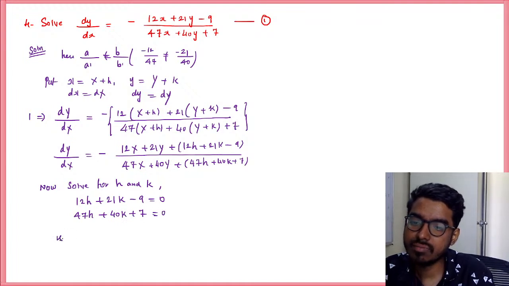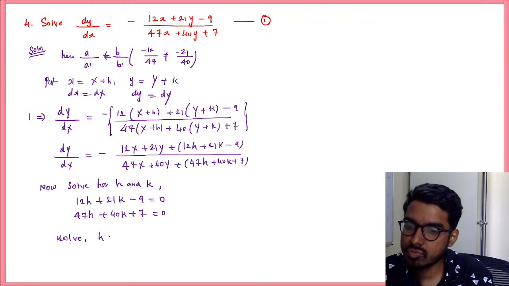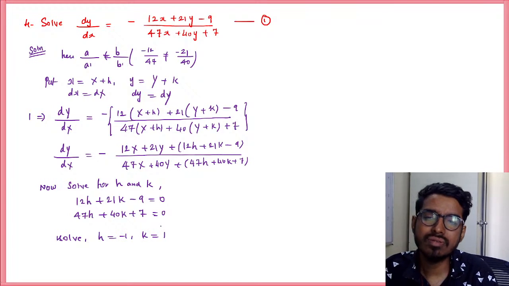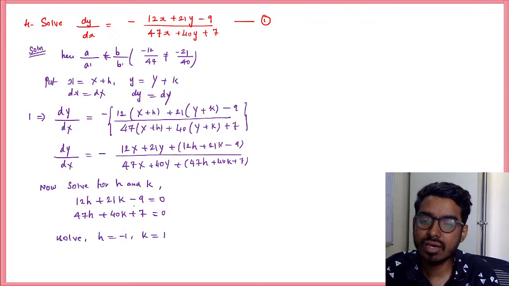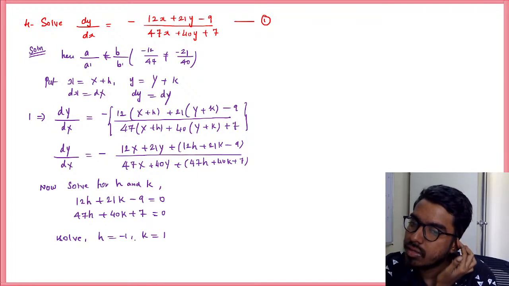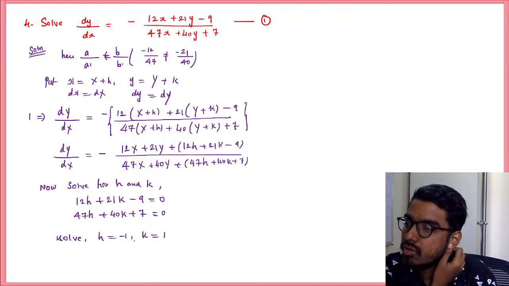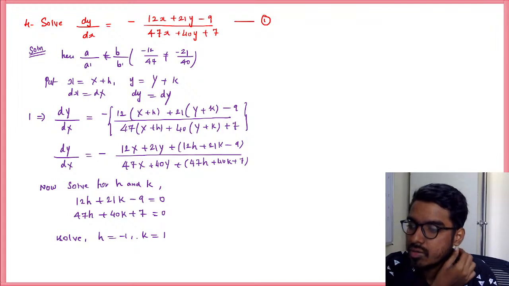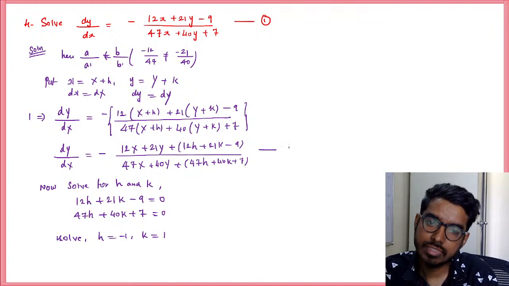You will get h equal to minus 1, k equal to 1, right? Very elementary. Okay, so just call this as 2.